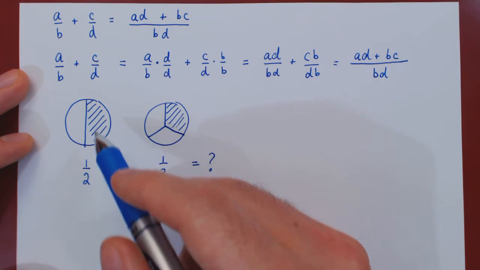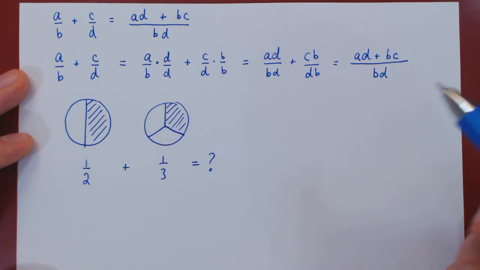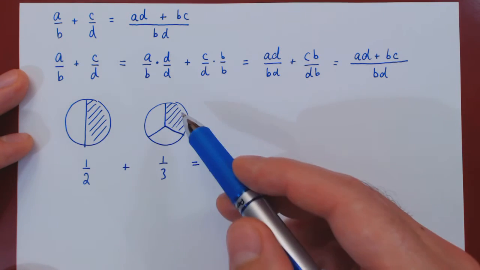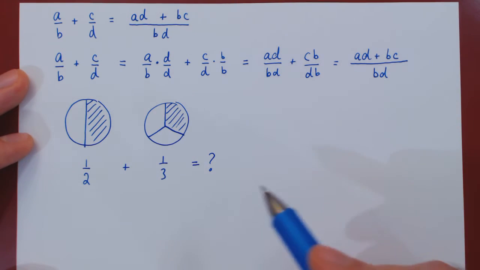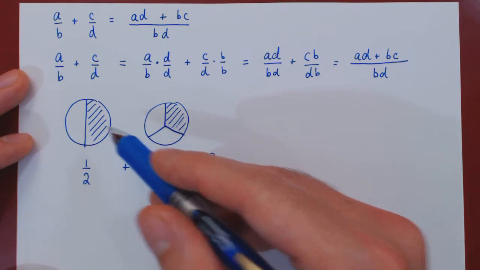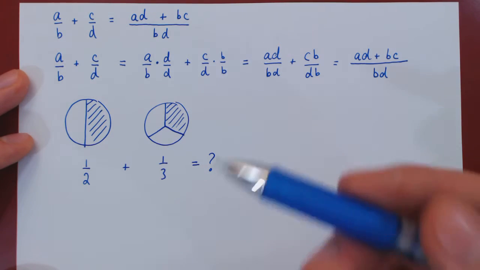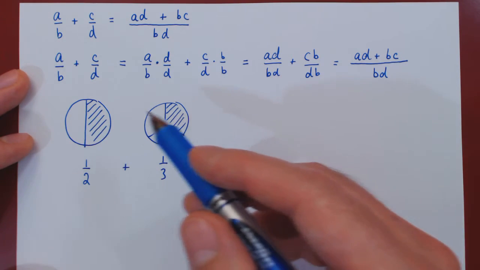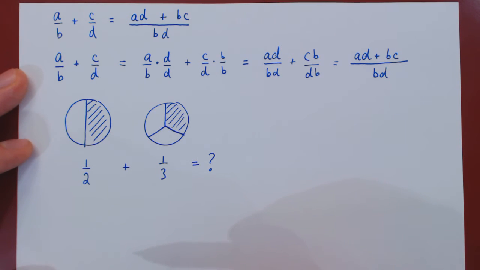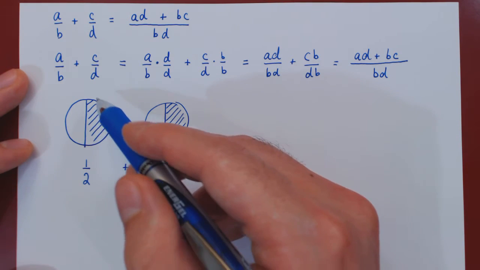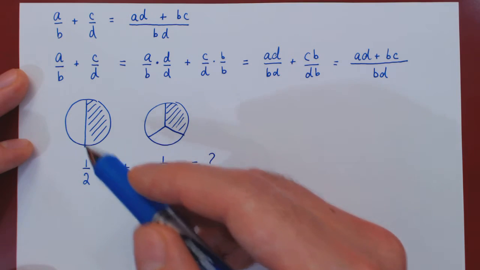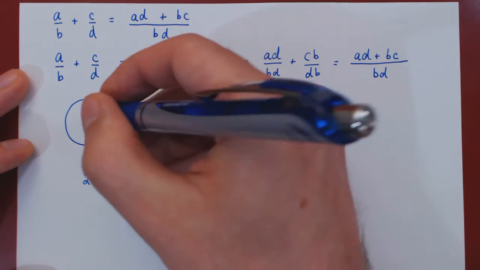So you see, we can't just say, well, this is 2 over something, because this piece is much larger than this piece. So what we have to do is cut each circle into more pieces so that the pieces are of the same size. So the idea now is to subdivide each half of the circle into 3 parts of equal size.